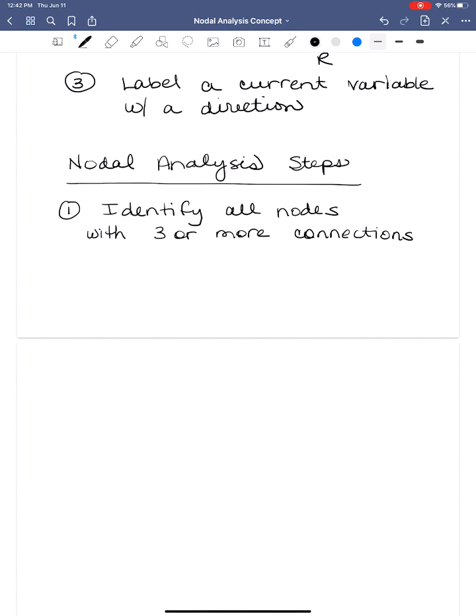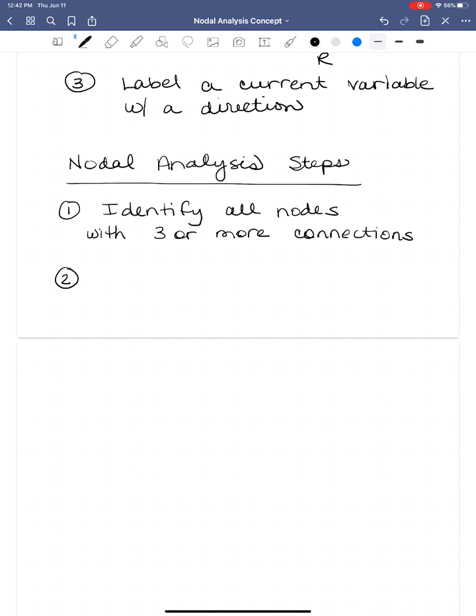We'll darken it in with a little circle like we've been doing for brute force. Then step 2: as we consider all of those, we're going to have at least 2 in any circuit that we are going to solve using nodal analysis. We're going to have at least 2 nodes with 3 or more connections.